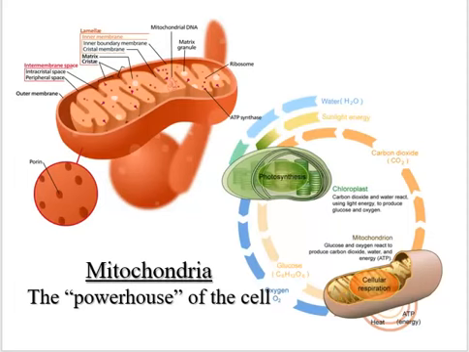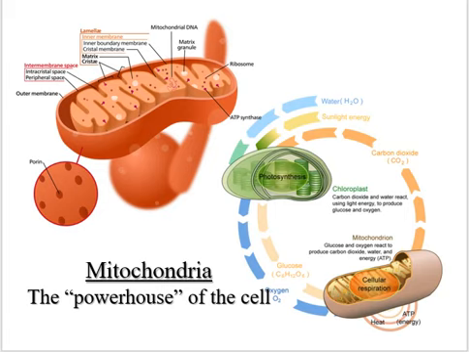Now, the major site, where the majority of cellular respiration occurs, is in an organelle called the mitochondria. The mitochondria is known as the powerhouse of the cell. This organelle has membranes that are specialized for aerobic respiration. The matrix of the mitochondria will serve as the site for the Krebs cycle.